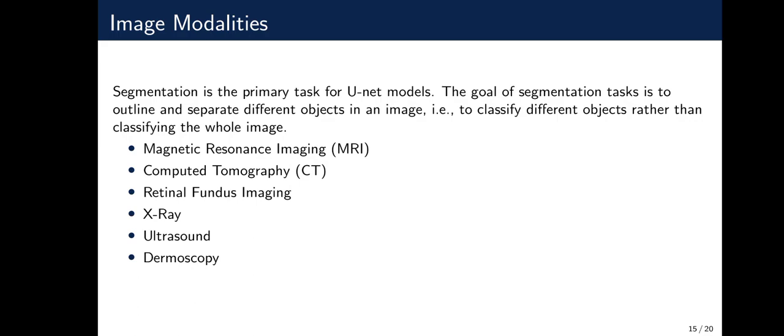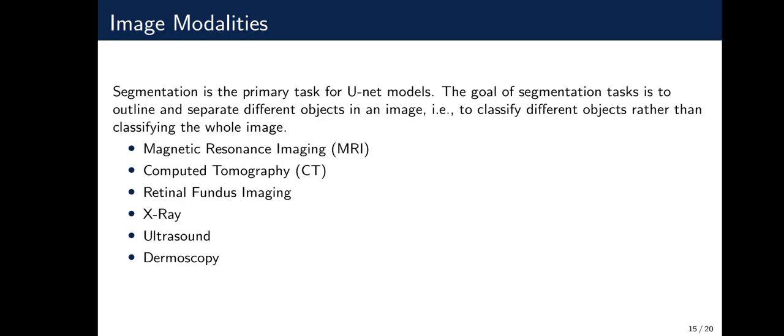This is of particular importance in the medical imaging community as the diagnosis of medical conditions requires careful analysis of local regions in an image. For instance, the diagnosis of brain tumors would require separating the tumors from the rest of the brain structures.